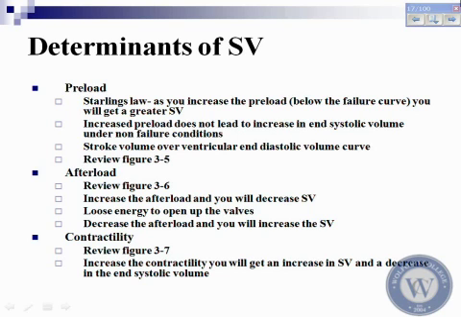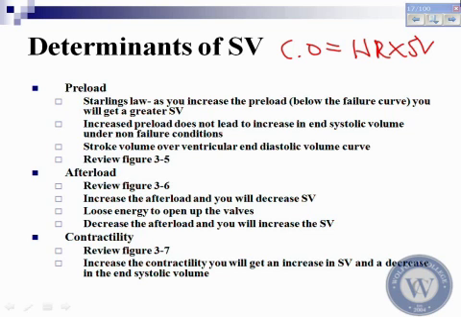Remember we said cardiac output is equal to heart rate times stroke volume. The last slide discussed what controls heart rate, and the next part of this equation is stroke volume: what determines how much volume is going to be emptied from the ventricle. Believe it or not, all three things we talked about before, preload, afterload, and contractility, are going to affect your stroke volume.